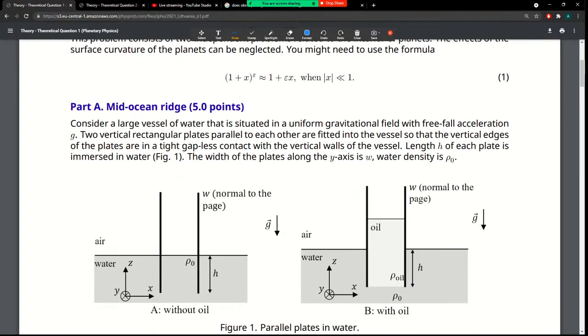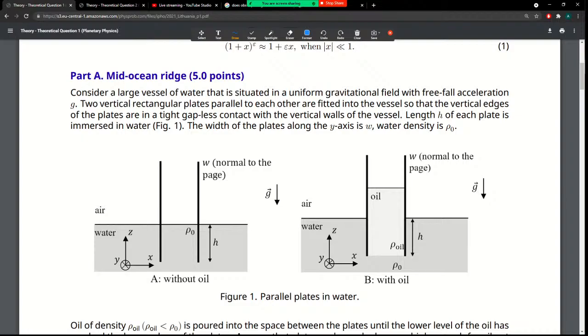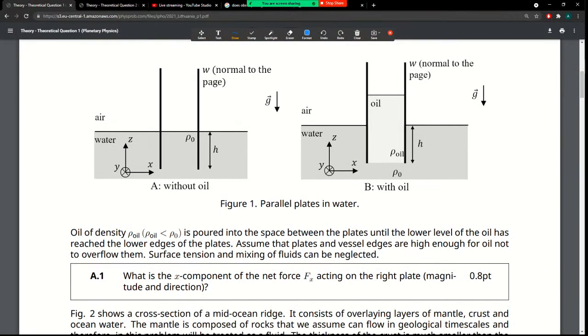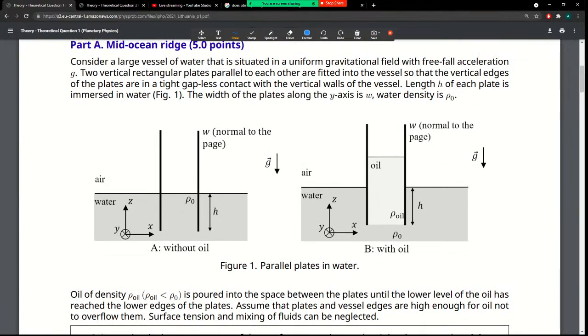Okay, so we can read it aloud turn by turn, the problem. Okay, sure.